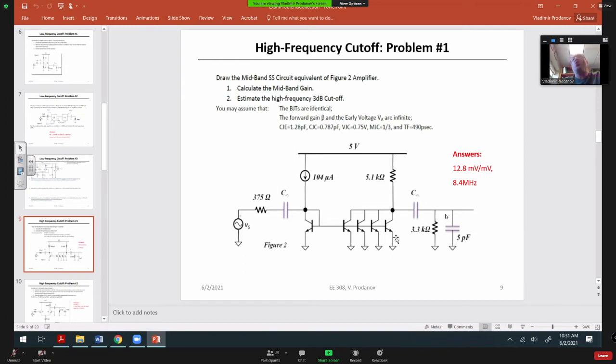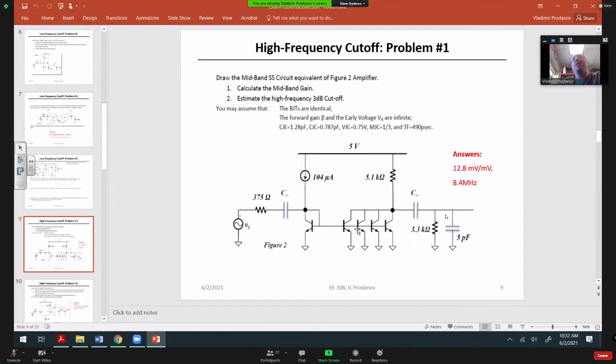So the total capacitance at the base node down to ground due to Cpi is actually 5 Cpis, one from the left and 4 in parallel from the right. A very similar thing will happen to any small signal quantity here.